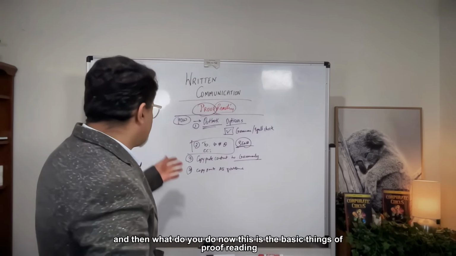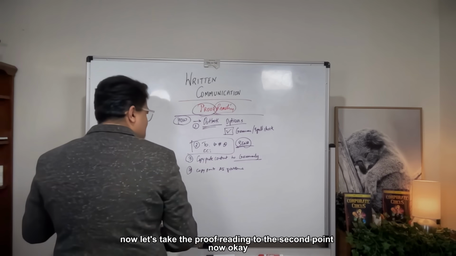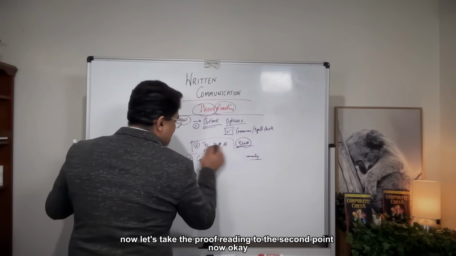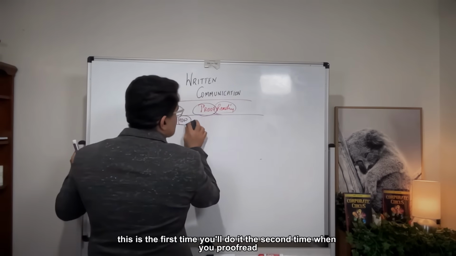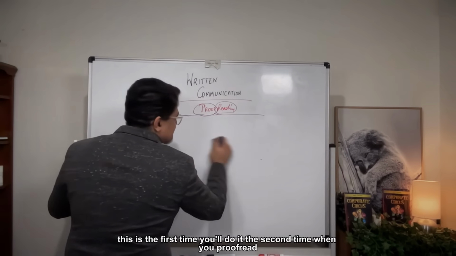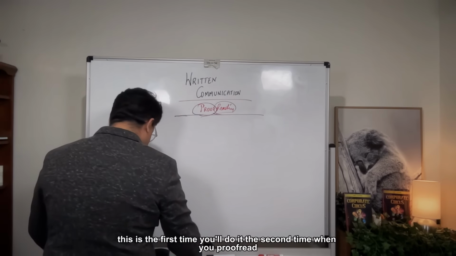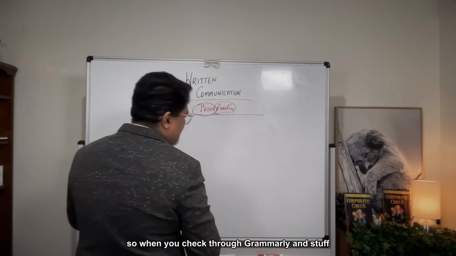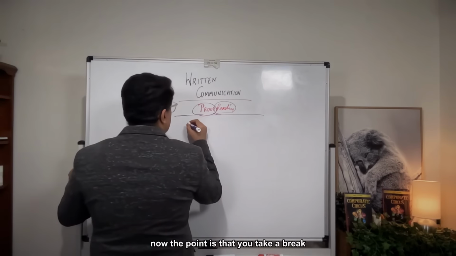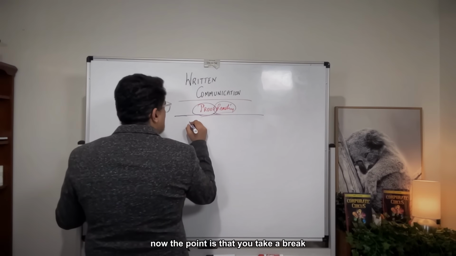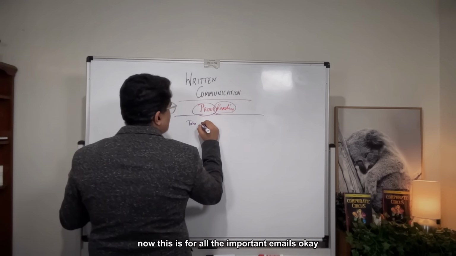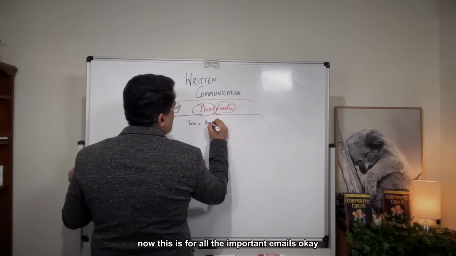Now these are the basic things of proofreading. Now let's take the proofreading to the second point. This is the first time you'll do it. The second time when you proofread, after you check through Grammarly and stuff, the point is that you take a break. Now this is for all the important emails.